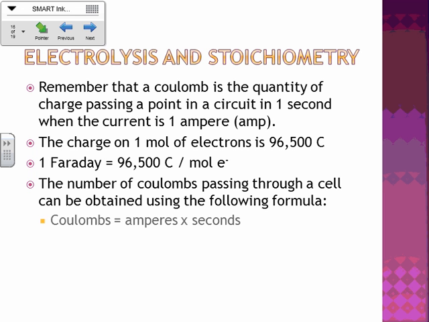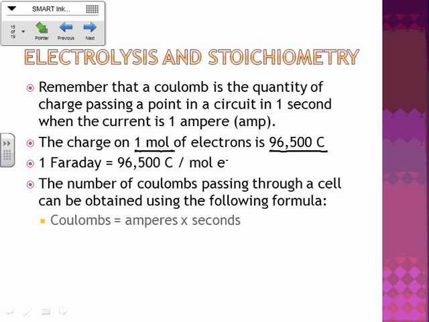And an amp is a certain amount of charge passing a given point in a certain amount of time. So they're kind of the flip side of the same coin. So a Coulomb is how much charge is passing a point in a circuit in 1 second. And the charge on 1 mole of electrons is 96,500 coulombs. So if you have 1 mole of electrons, that's your charge.